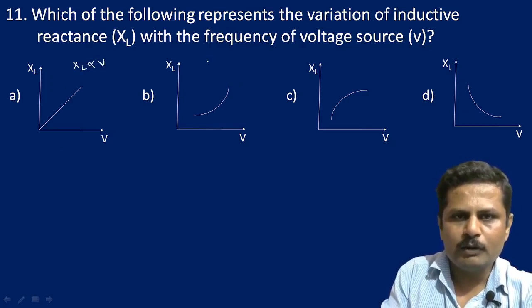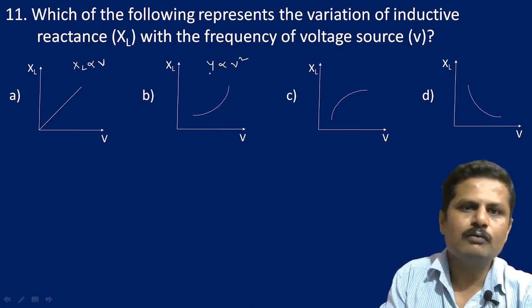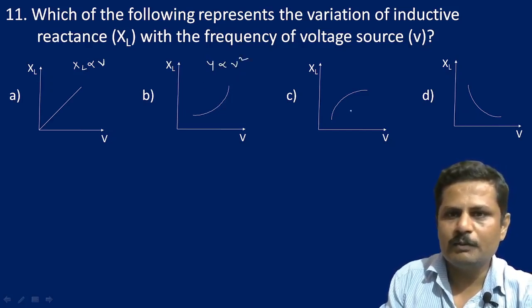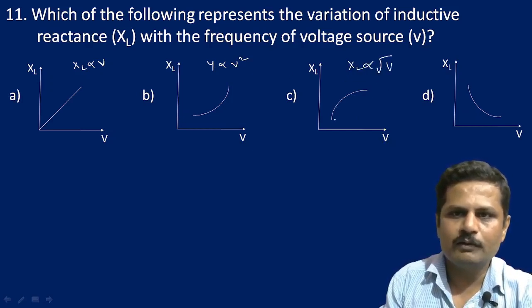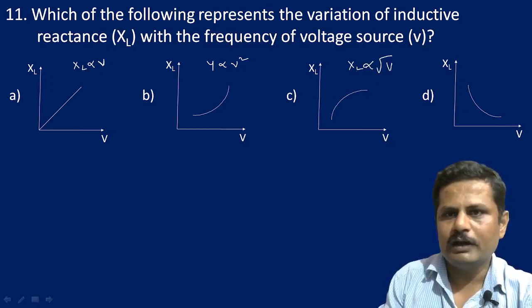For a top opening parabola we have the equation y is directly proportional to V square, that is frequency square. Next, this graph represents another relation, this is also a top opening parabola. For this type of curve we get y equals root x. And for this graph, XL is inversely proportional to V.